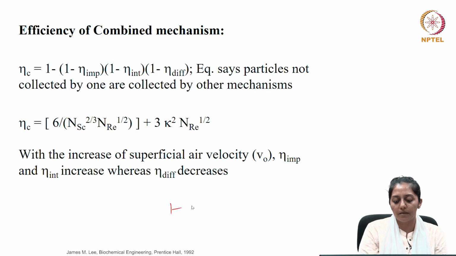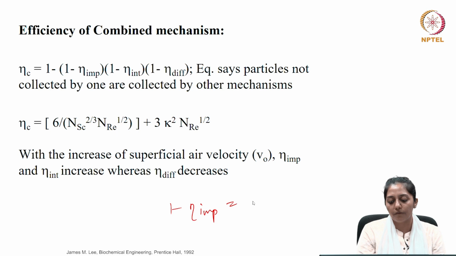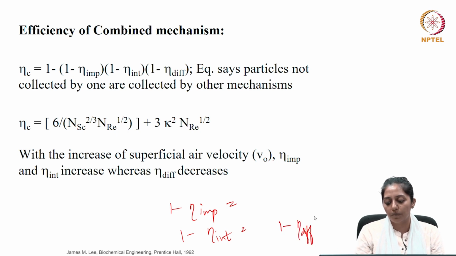So, 1 minus eta IMP would be the probability of not getting collected by impaction. 1 minus eta INT would be the probability of not getting collected by interception. Similarly, 1 minus eta DIF would be the probability of not getting collected by diffusion.